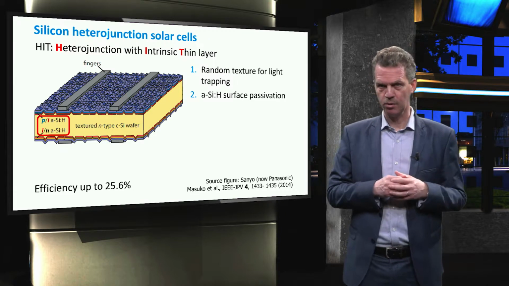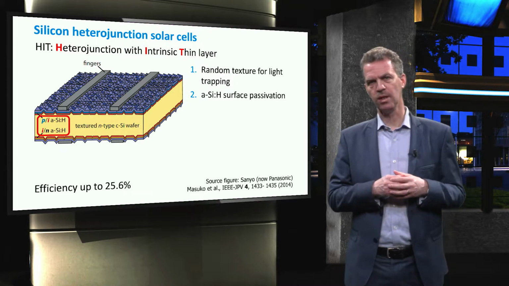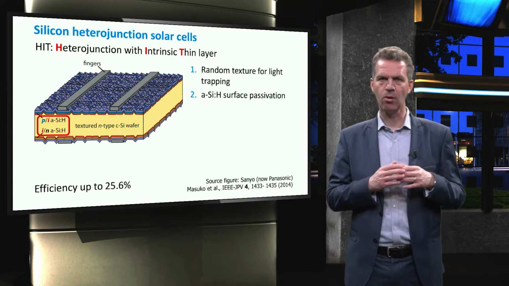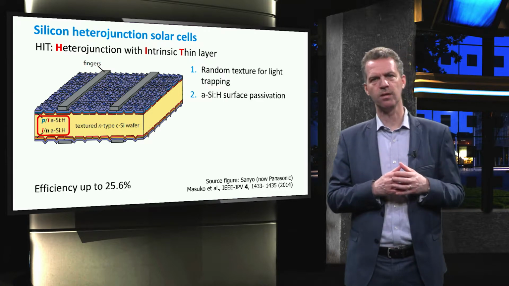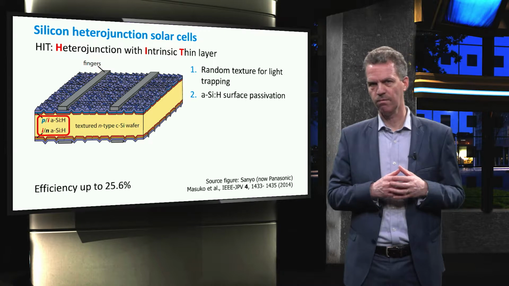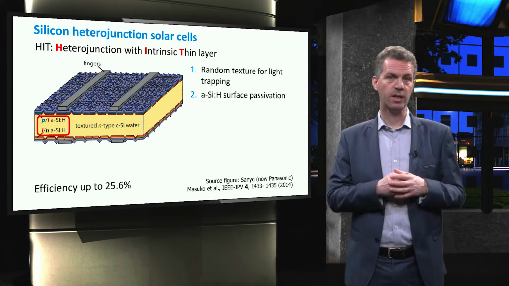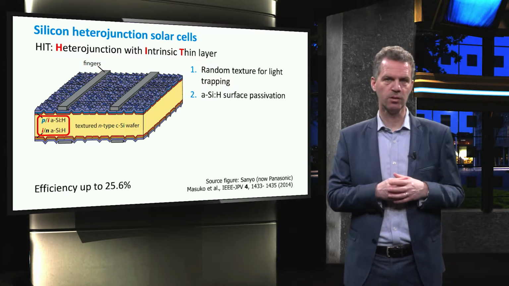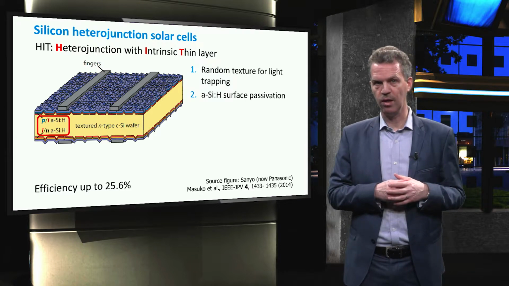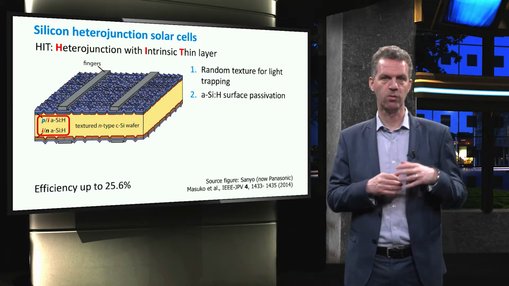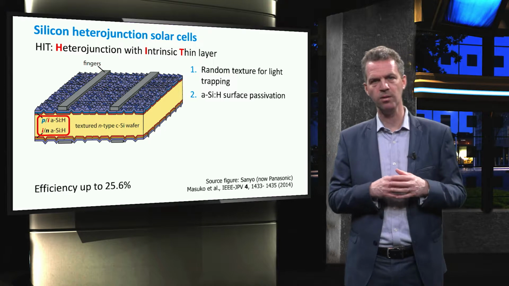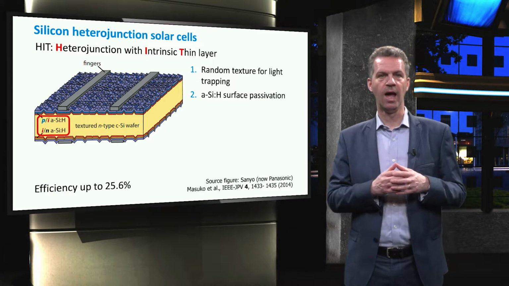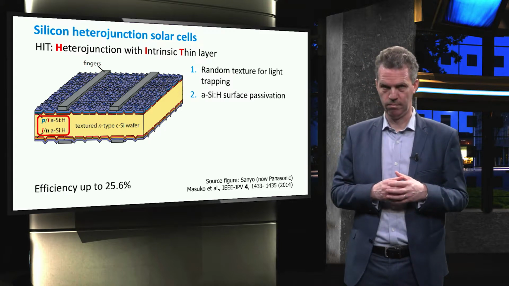During the plasma deposition process of hydrogenated amorphous silicon, dangling bonds on the surface of the crystalline silicon wafer can be passivated very well. Panasonic named the structure the heterojunction with intrinsic thin layer or HIT, referring to the H of heterojunction, the I of intrinsic and the T of thin.